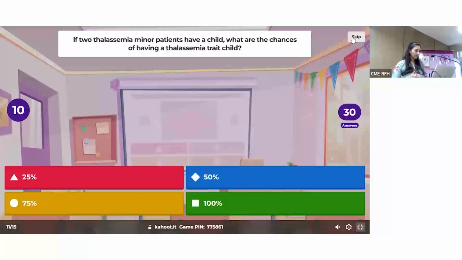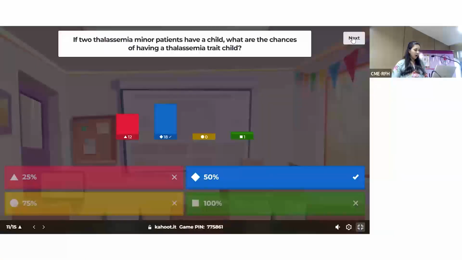Okay. So it is 50%. I've asked thalassemia trait and not thalassemia major. So in each pregnancy, there is a 25% chance of having a thalassemia major child or a 25% chance of having a normal child, whereas there is a 50% chance of having a trait child.